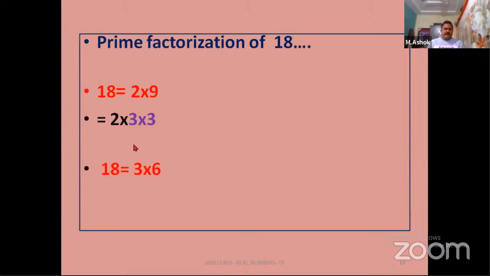Now I am taking one more pair of factors of 18, that is 3 into 6. 6 is not a prime number, so write it as 3 into 2 into 3. Observe these two situations. The order is different even though the prime factors are the same. So irrespective of order, the prime factors are the same.